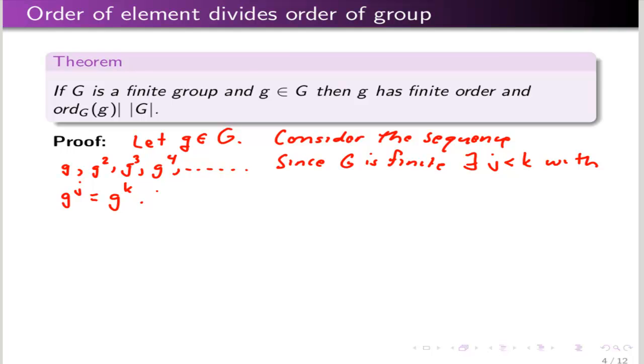And then by cancellation, j is the smaller one, we would get 1 is g to the k minus j. And therefore there's some positive power of g giving us 1, which says g has finite order.